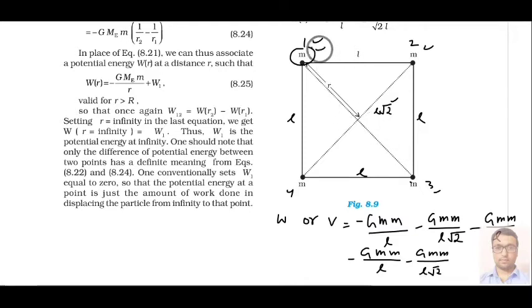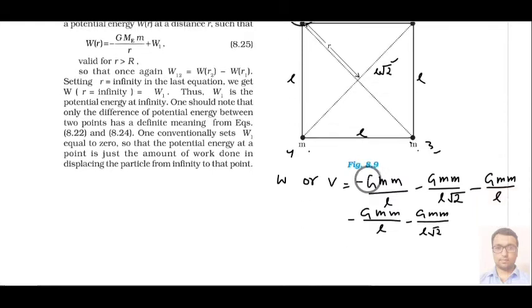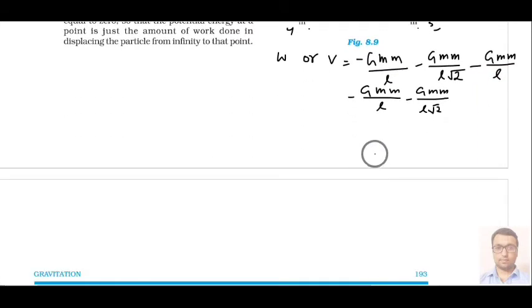Similarly, between the third and fourth particle, it will be minus G m into m upon R.